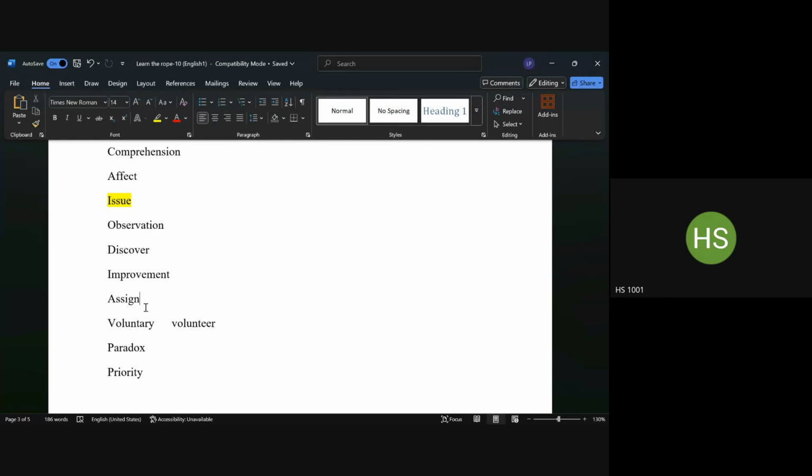Why on tier? Why do you not mark it on the first syllable, volunteer, because it's a noun? What is the reason why we are not marking it on the first syllable for volunteer, even though it is a noun? That's the question.